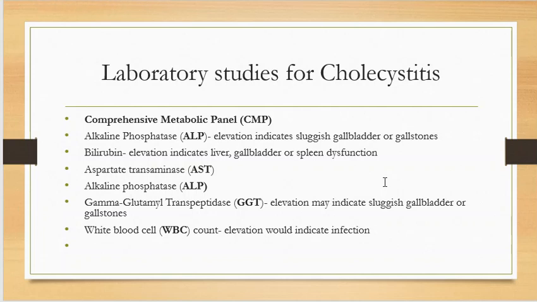So our AST and bilirubin may be elevated due to obstruction of the common bile duct and liver involvement. Your amylase or lipase, if they're elevated, may indicate pancreatic involvement. And then, of course, we have an inflammatory process going on, and so we are going to have an elevated white blood cell count.